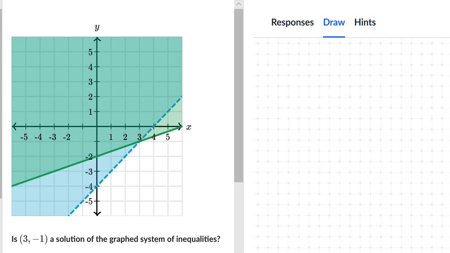So for a solution to be a solution to the system of inequalities, it needs to be in the region that's shaded by both inequalities. So 3, 1. That clearly is within the region shaded by both of them. So that would be a solution to the system of inequalities.